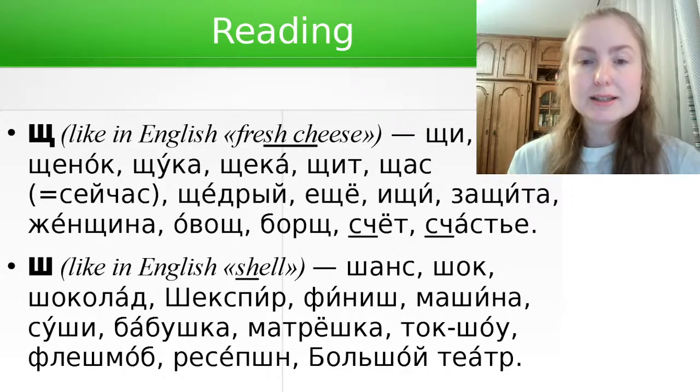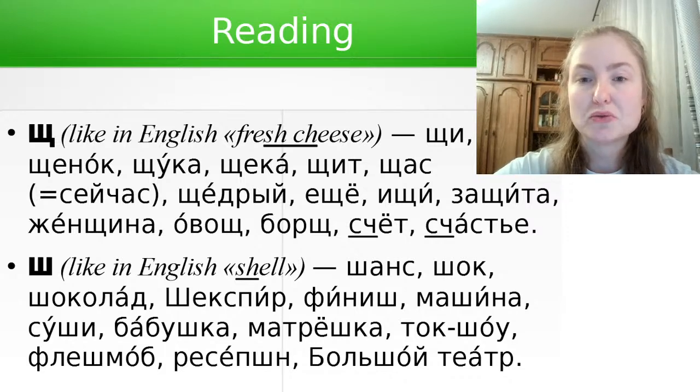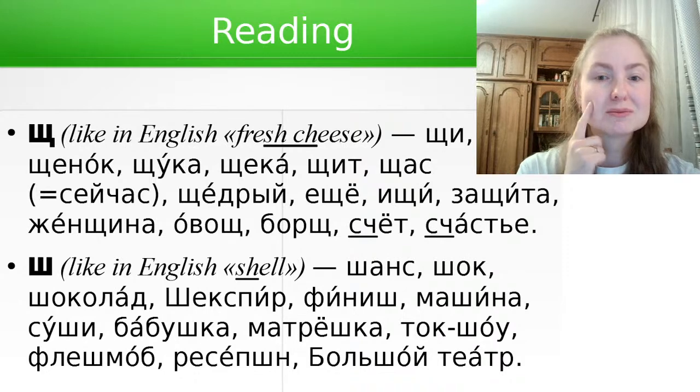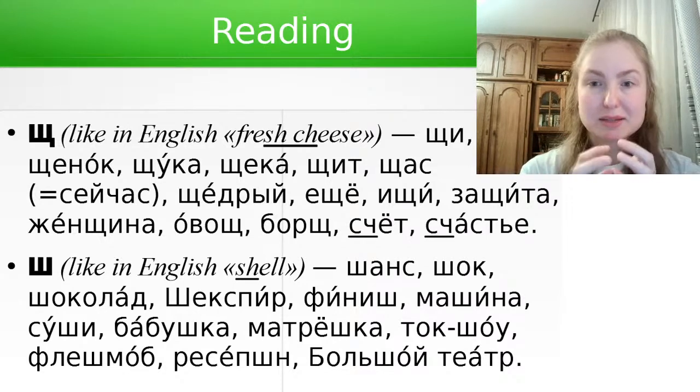Okay, let's translate these words. Щи, as I told before, is Russian traditional soup with cabbage. Щенок means a puppy, it's a small dog. Щука means a spike, a kind of fish. Щека, it's a cheek. Щит means shield. Pay attention how this English word and Russian quite similar sound.